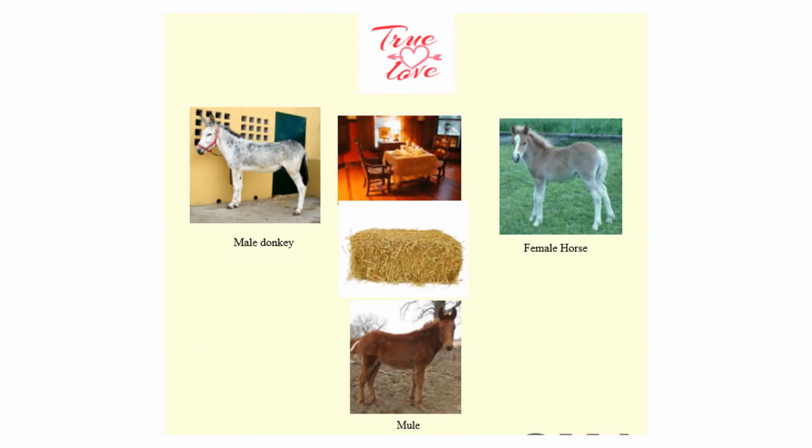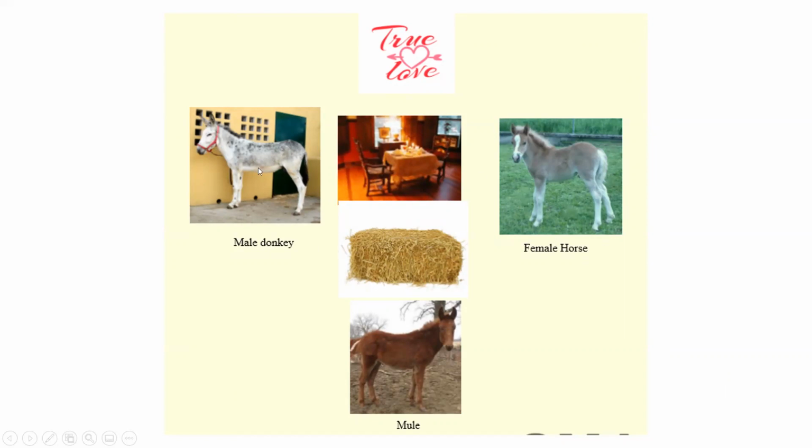Now, this mule is neither horse nor donkey. It is what we call a hybrid. And that hybrid cannot go on to have children of its own. It is infertile. So, donkeys are a species. Horses are a species, but they are not the same species.